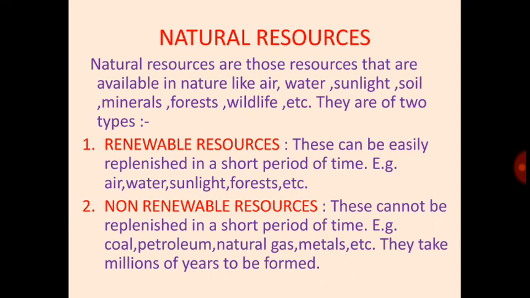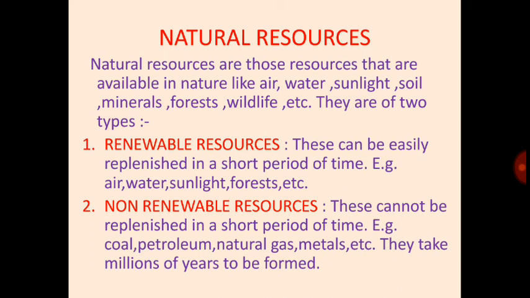Natural resources. Natural resources are those resources that are available in nature like air, water, sunlight, soil, minerals, forests, wildlife, etc. They are of two types: renewable resources and non-renewable resources. Renewable resources can be easily replenished in a short period of time.